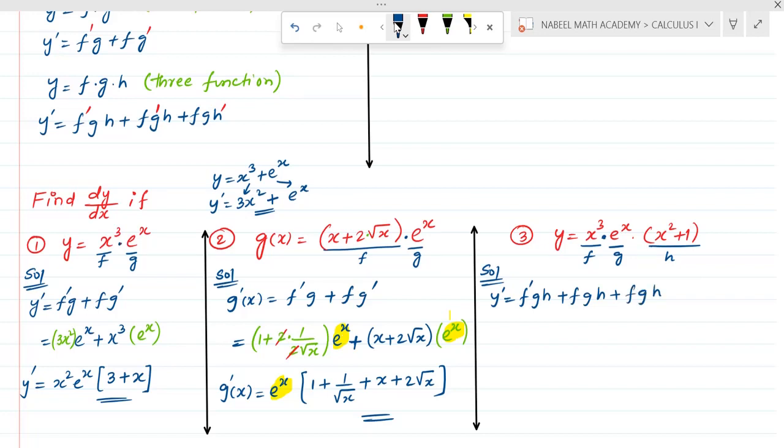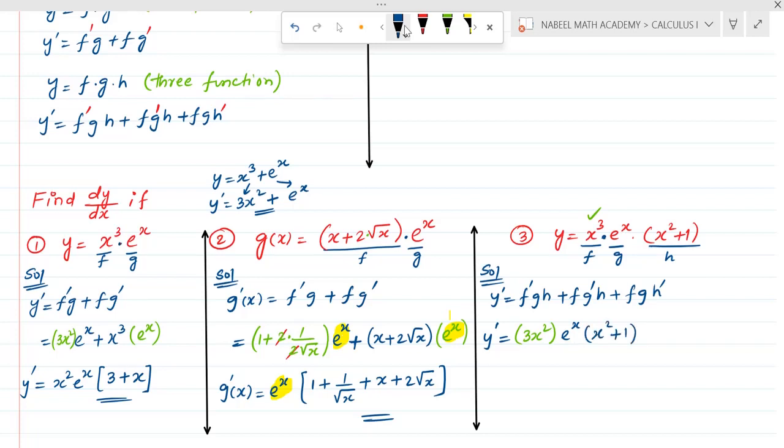Here f is differentiated, g differentiated, h differentiated. Let us go with the first part. Y prime is equal, the first one, differentiation. What is the derivative here? This is x cube, f differentiation is 3x square and the remaining two terms are fixed: e power x and x square plus 1 are fixed.